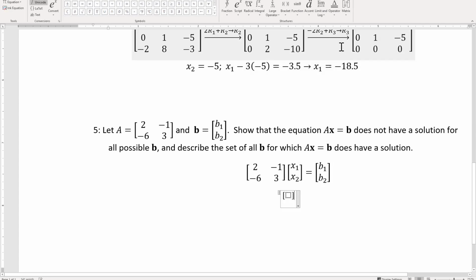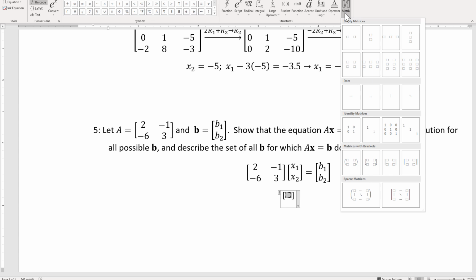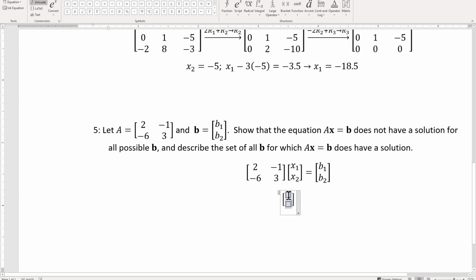So we're going to have a column vector of 2, -6, and then multiply that by x1 plus another column vector multiplied by x2. So the column vector for the second one is -1 and 3. Multiply this by x2. And this is supposed to equal the b vector.